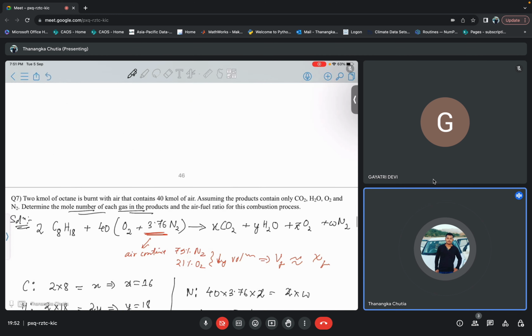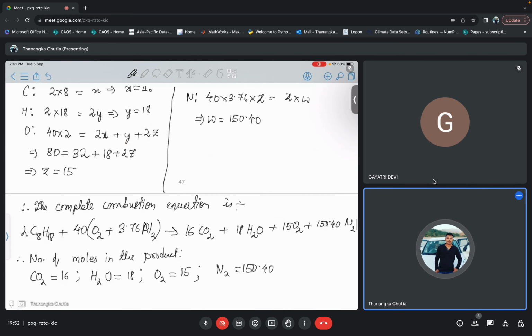Fine. Next, we have to calculate the air fuel ratio for this combustion process.